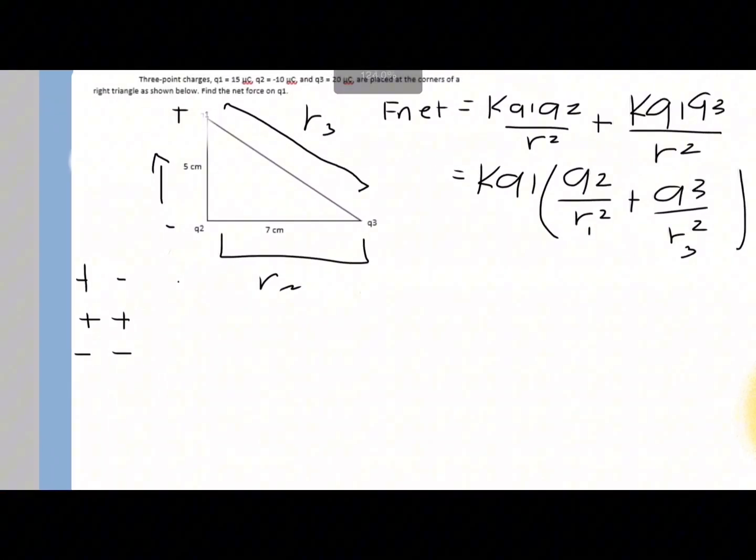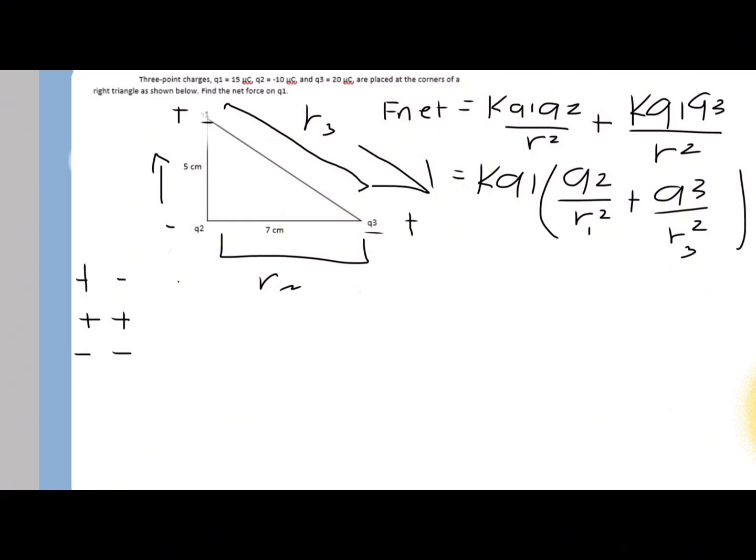But how about our Q3? So this is Q1, so this is our Q3. So since our Q1 is positive, again, and our Q3 is positive, what do you think? It would repel each other. So this only means that Q3 would move further away from Q1 because it has the same charges.